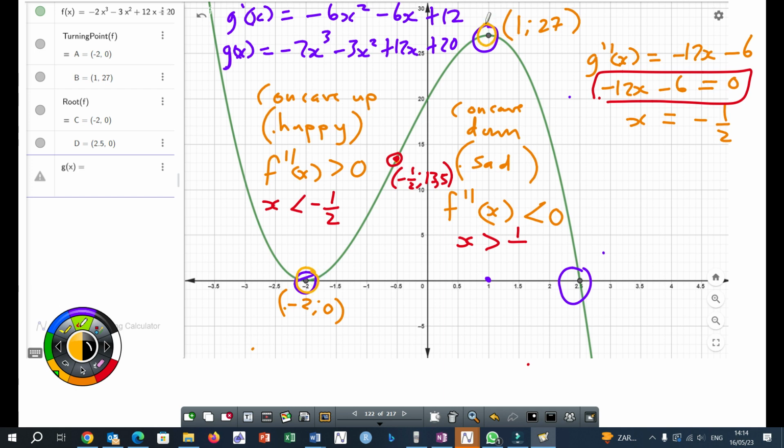The y values are increasing. So I can say the function is increasing when x lies between -2 and 1. It is decreasing when x is less than -2 or when x is greater than 1.